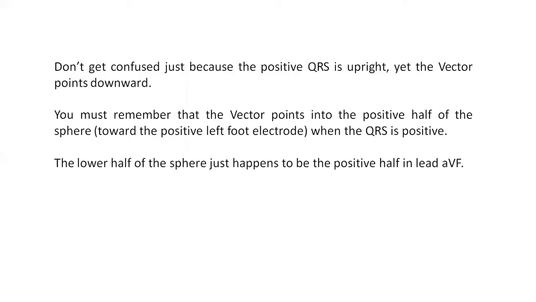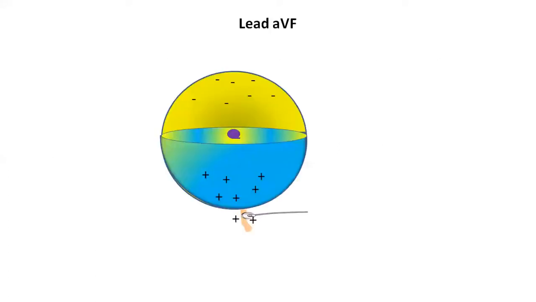The lower half of the sphere just happens to be the positive half in lead AVF. So in lead AVF, the lower half is positive and the upper half of the sphere is negative. Now, if the QRS in lead AVF is negative, what will happen? In that case, the mean QRS will be directed upward, mostly in the right upper or left upper quadrant.